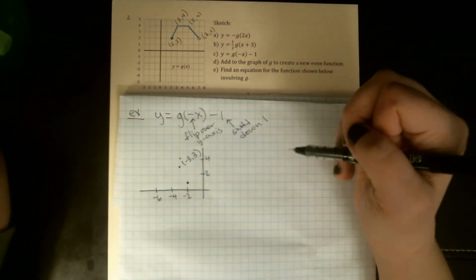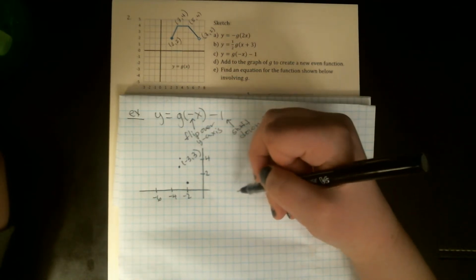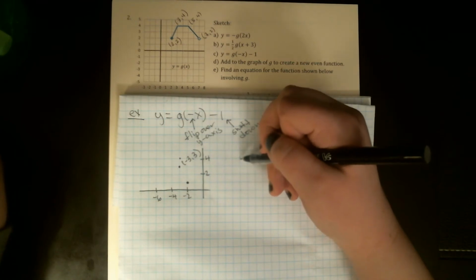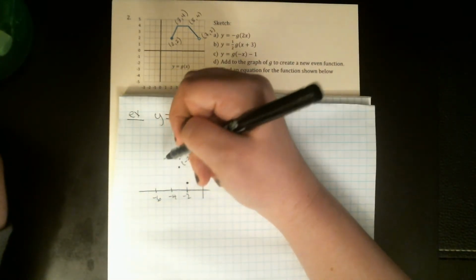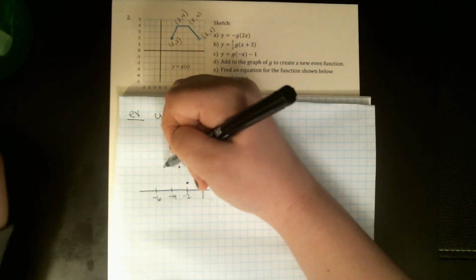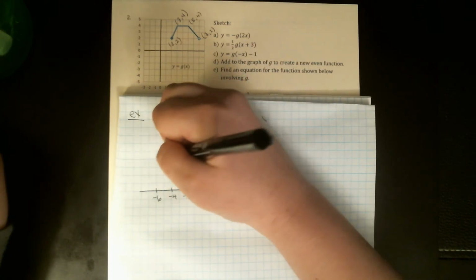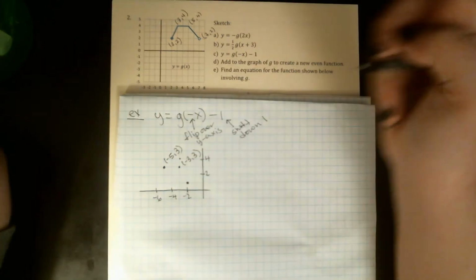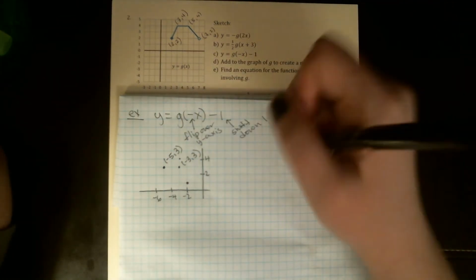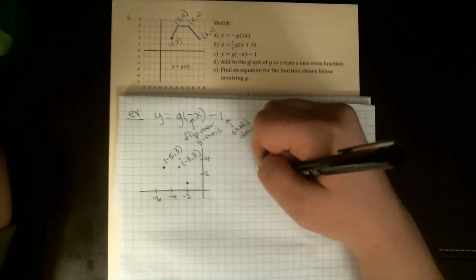Okay, the point (5, 4), the other corner, will flip across to (-5, 4), and then it will shift down 1 and land at (-5, 3). Last key point I'm following is (7, 2). So wherever that sits, somewhere out here.